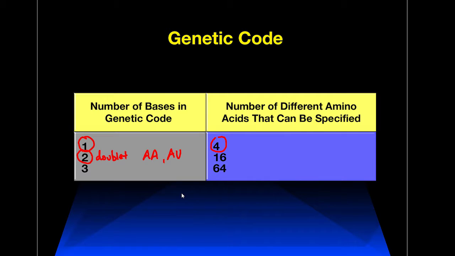It probably doesn't take a lot of math skills, no offense if you're not great at math, to realize that if you did it that way, there would be 16 different combinations of 4 nucleotides arranged into pairs, each of which act as a unit. There's a formula for this, actually, if you want to remember it. It's 2 to the n, and what that means is where n equals the number of bases acting as a unit.